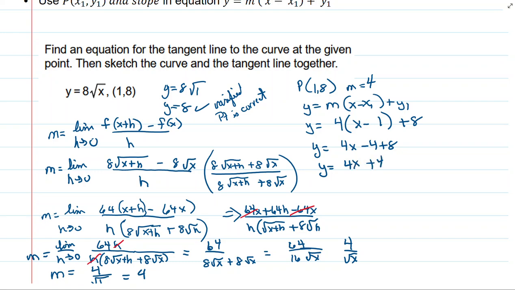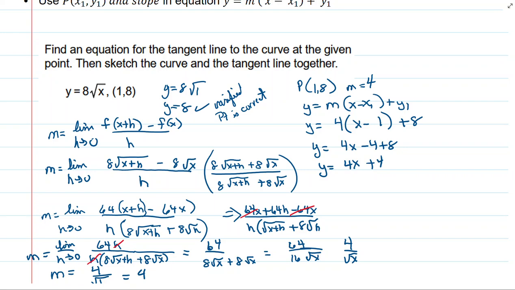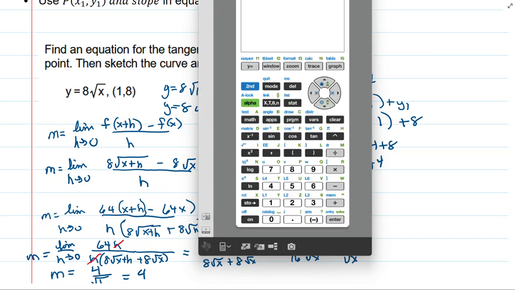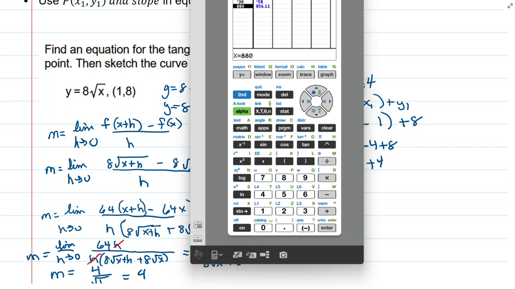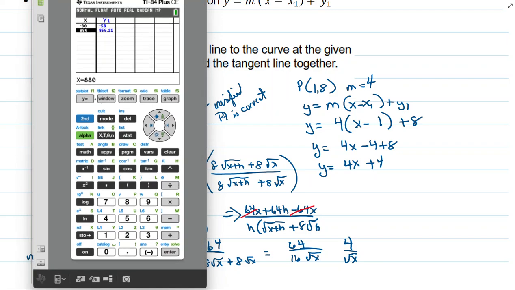Everybody agree? Now we're going to use our calculator, and I've got to boot it up. There it is. All right, so I'm going to go into my y equals.